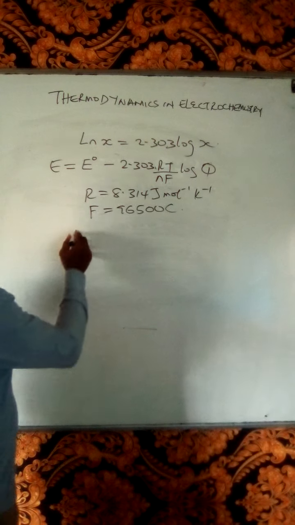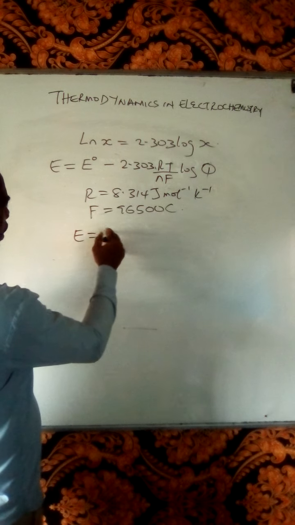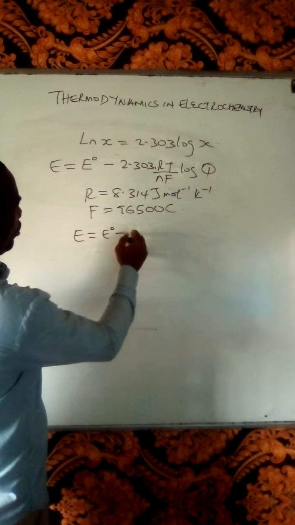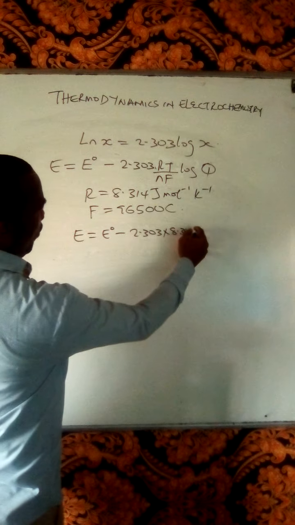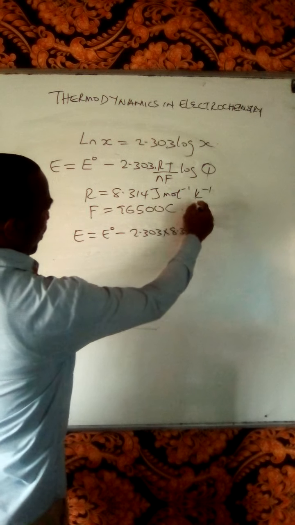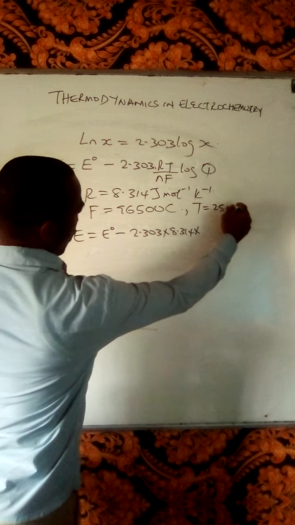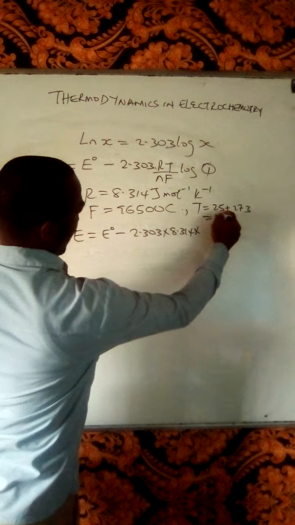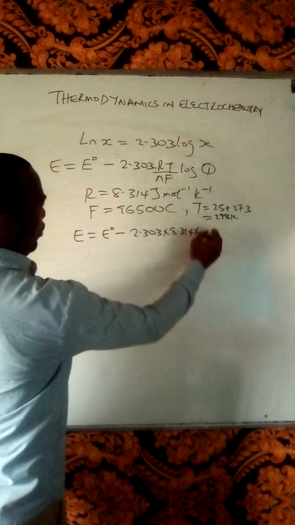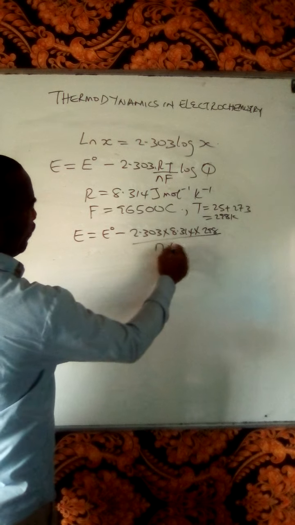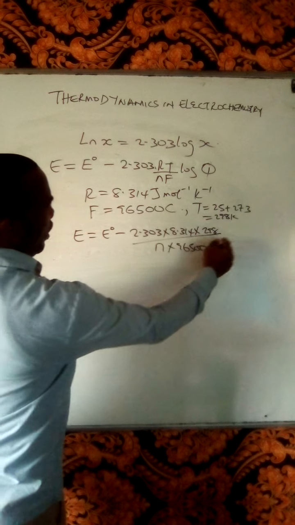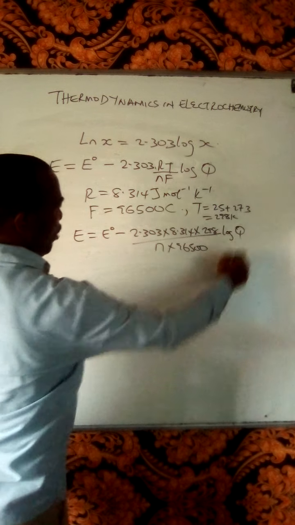We now have E equal to E at standard state minus 2.303 times 8.314 times the standard temperature of 25 degrees, or in Kelvin, 298, all over n times the Faraday constant, then log of the activity coefficient.